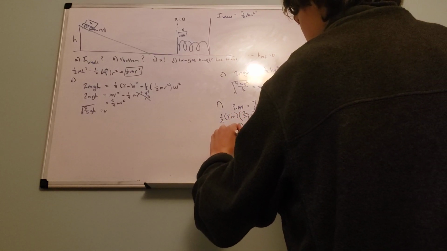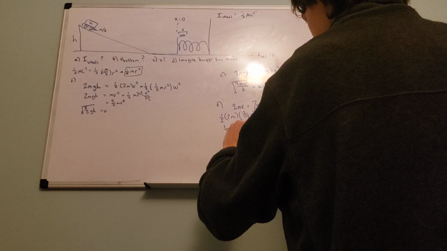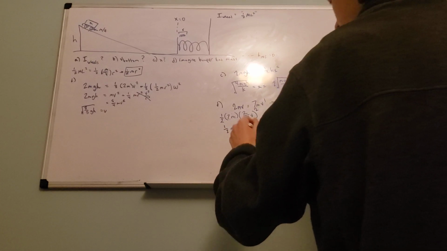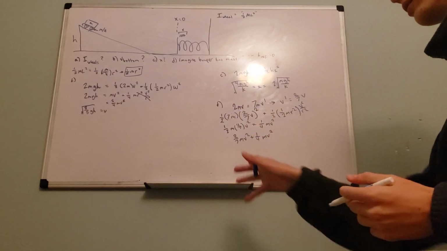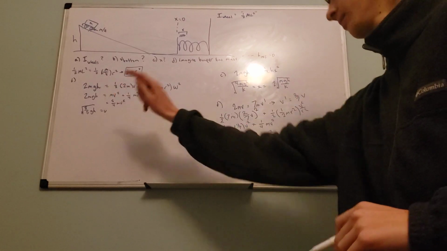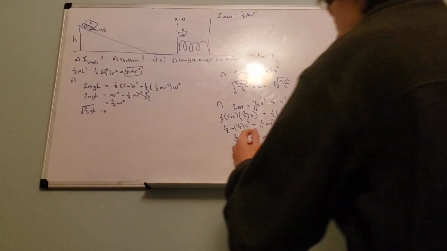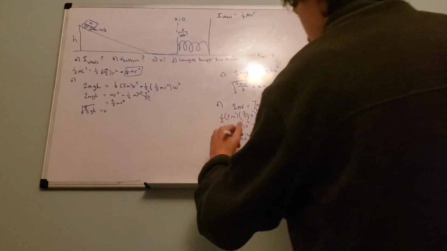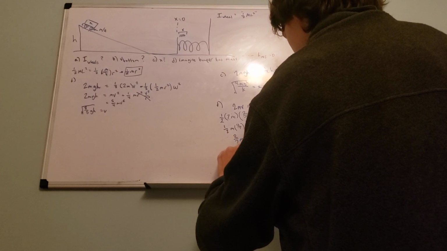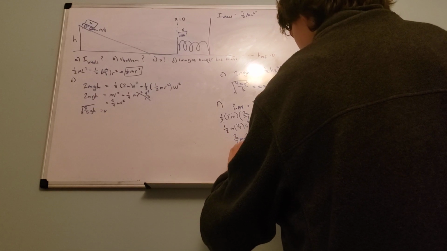So I have 2/7 mv squared plus 1/4 mv squared. I can do the arithmetic, but we're already starting to see this is definitely less energy than this. But we can just convert it. I'll multiply by 4/4, so that is 8 plus 7 over 28 mv squared.